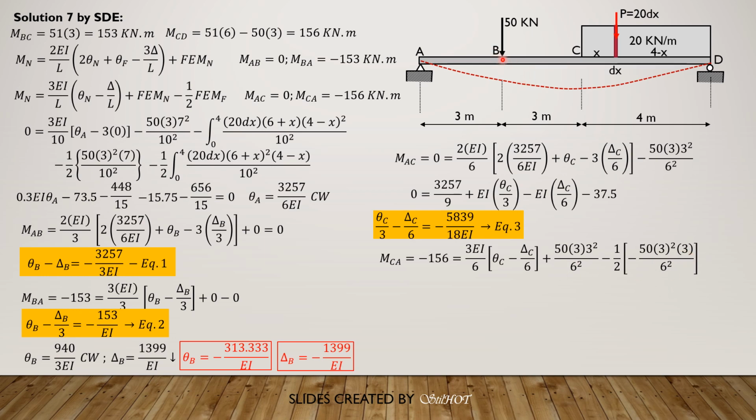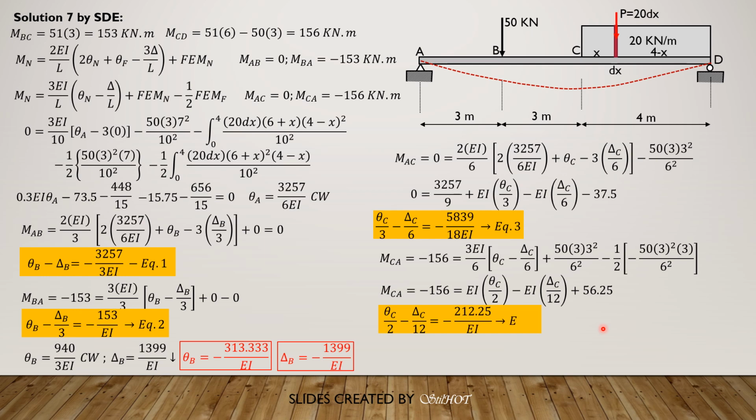So this is the only load we consider between A and C. So simplifying, MCA, negative 156 equals EI theta C over 2 minus EI delta C over 12. Then the combined value of this is positive, negative 1/2 of negative, so 56.25. Then simplifying, we have theta C over 2 minus delta C over 12 equals negative 212.25 over EI.